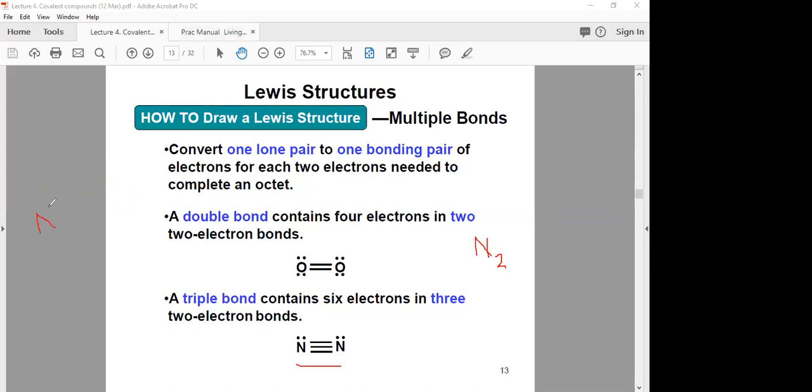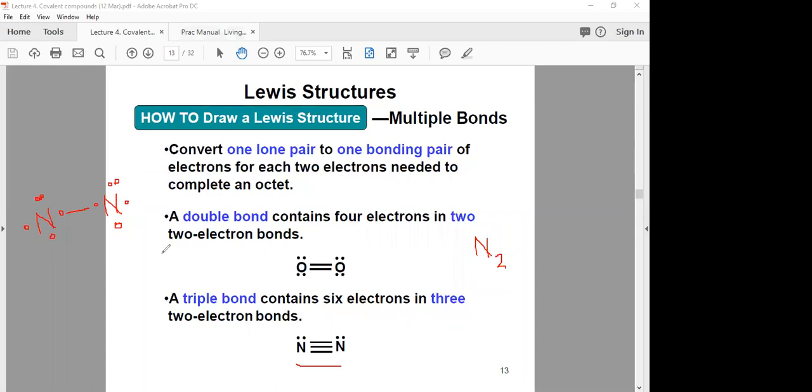Nitrogen, group 5A, which means each atom has 1, 2, 3, 4, 5 valence electrons. 1, 2, 3, 4, 5. All right, let's try molecular nitrogen with a single covalent bond.